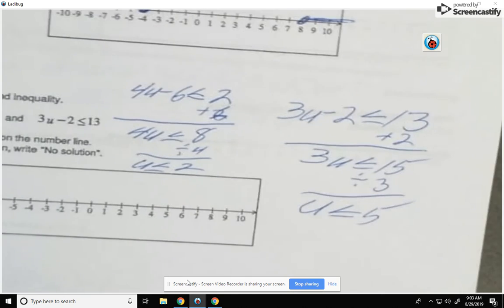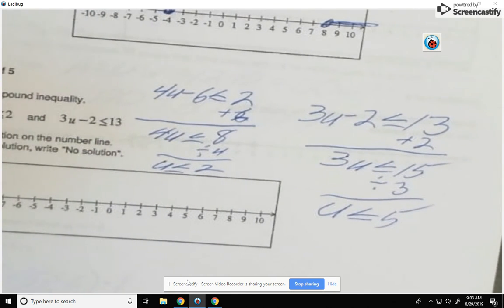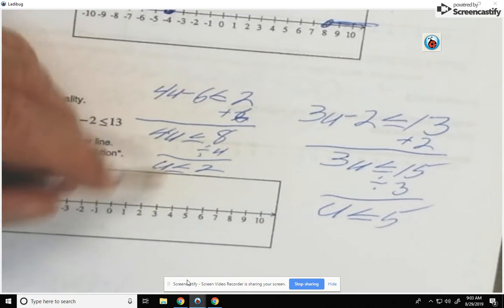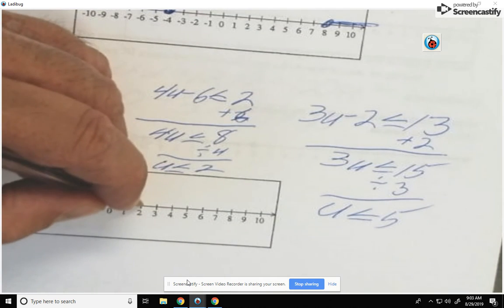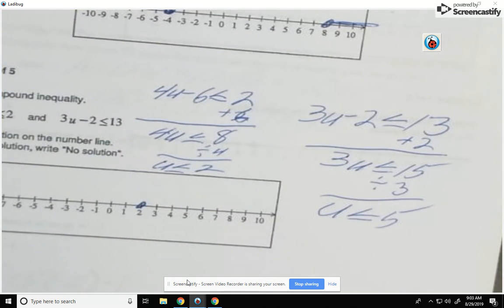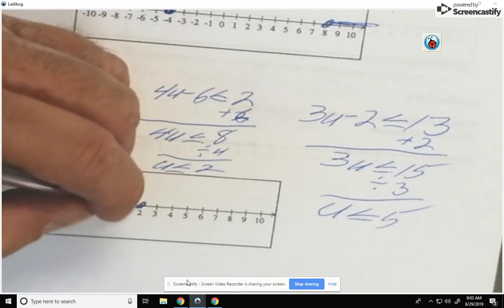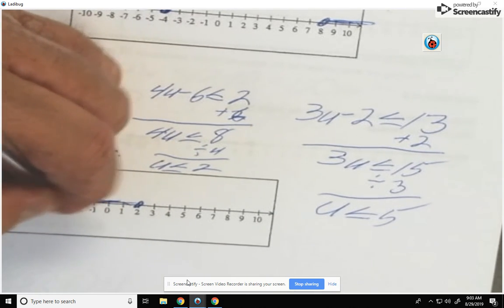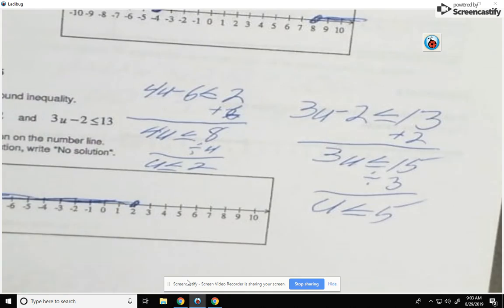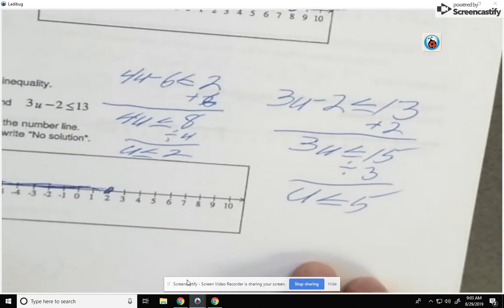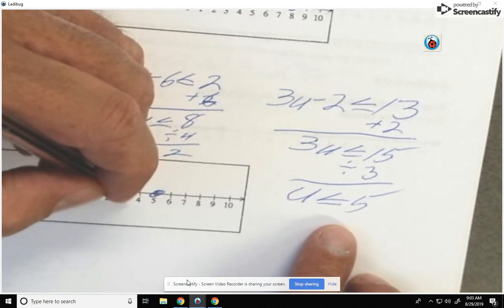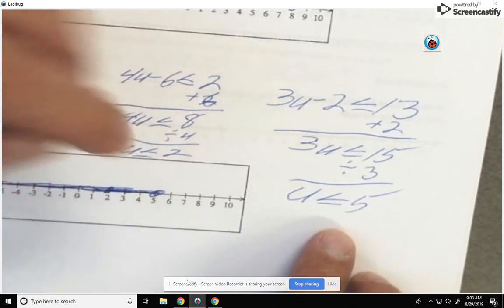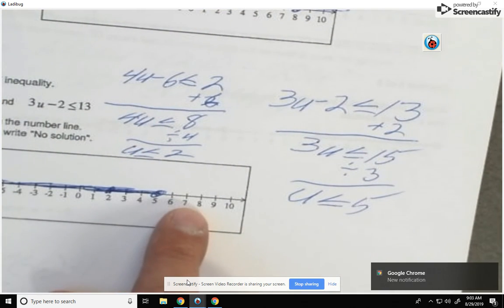So now we graph these. If we look, we see we have a closed dot on the +2. So closed dot is pointing at our letter, so we know we go left. Okay, then our second one, again, closed dot on the 5, pointing at our letter, so we come left again, and our shadings overlap.